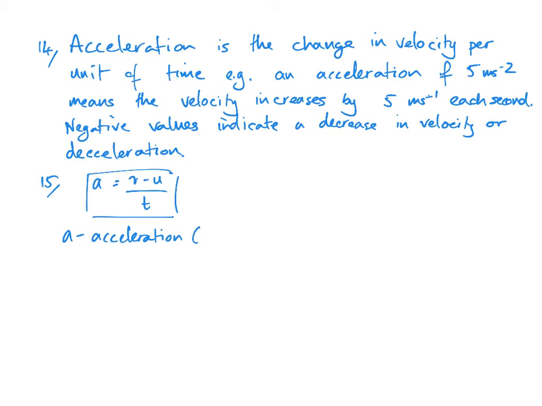So A is acceleration. And we're using v and u because we've got two different speeds or velocities. Remember we said that in these examples, speed and velocity will be the same because we're not going to ask about acceleration where something's changing direction as well.